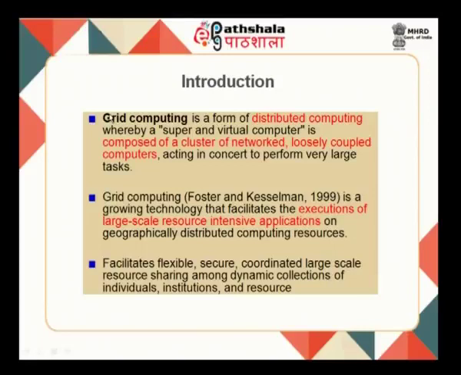The third important environment that is associated with processing data in a distributed fashion as well as dealing with voluminous data is grid computing. Grid computing is a form of distributed computing in which we have a super or virtual computer composed of clusters of networked, loosely coupled computers.